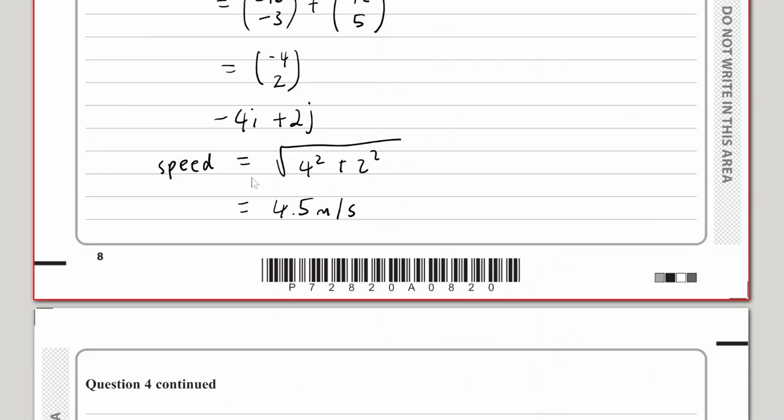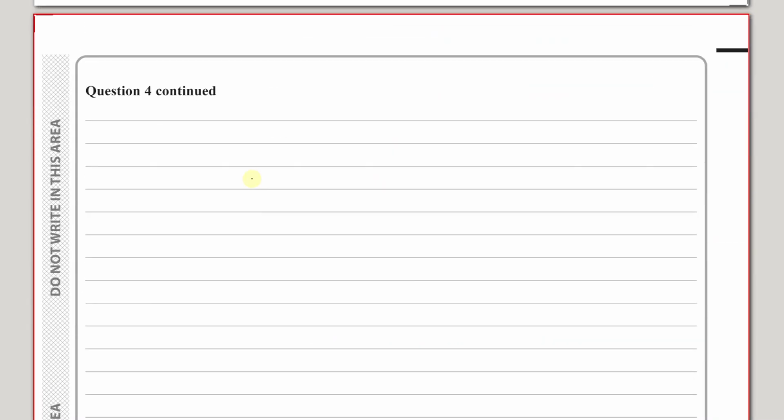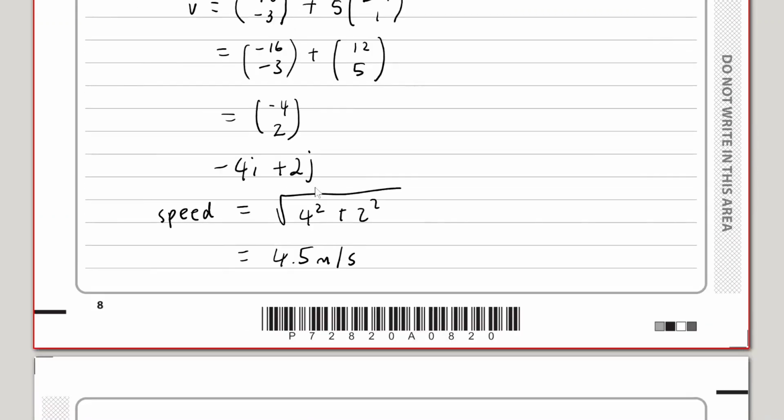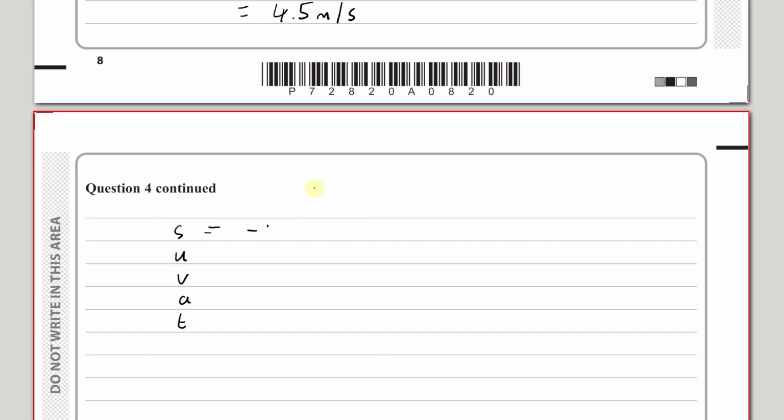So we can put this into a new suvat. Its displacement is negative 40i and c plus 10j.